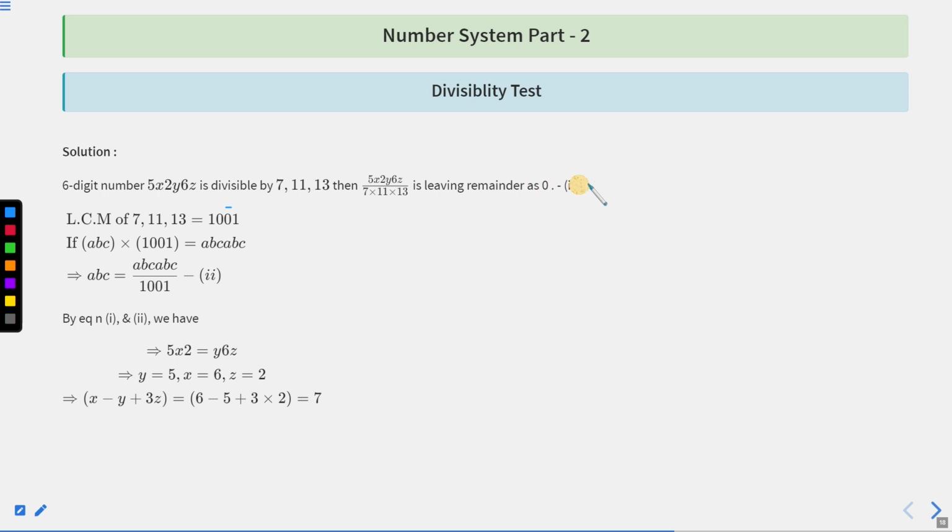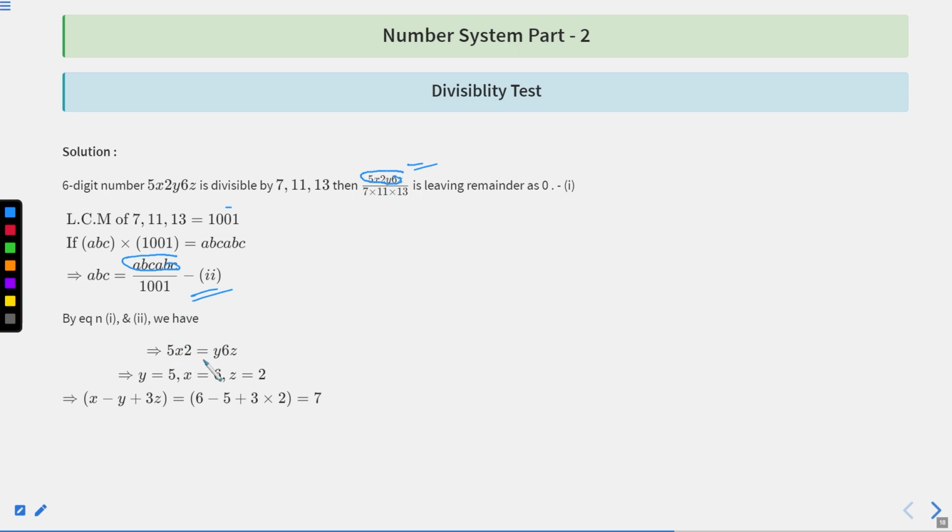So now we have two equations. By equation 1 and 2, we are comparing ABC with 5x2y6z.